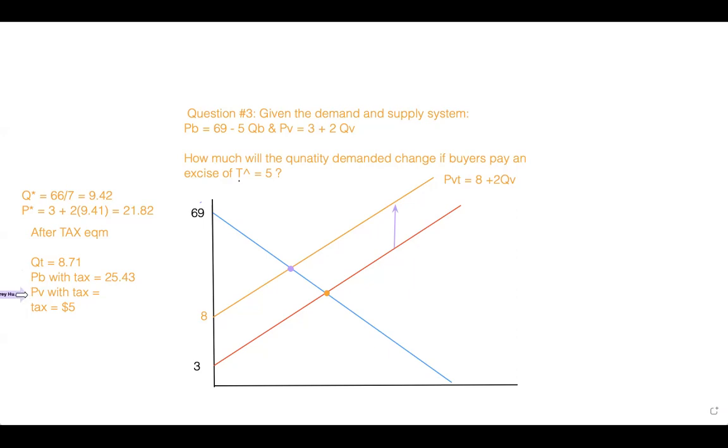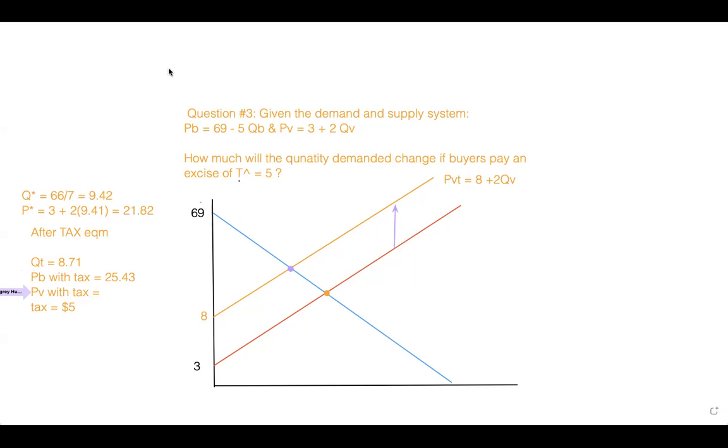And the PV with the tax doesn't really refer to tax being included or not in the way that you see on your receipt. It refers to the actual amount that the seller will receive for the good once there's a tax placed on the good.